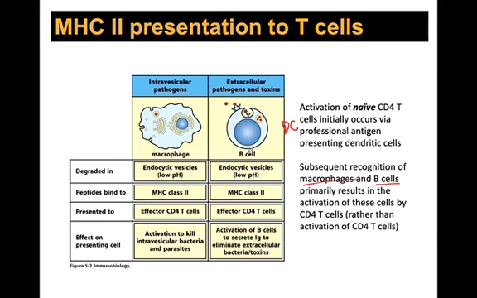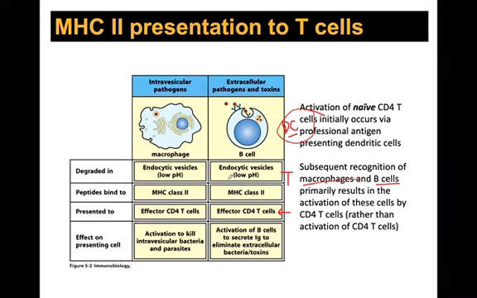Then the job is really to activate these cells. So dendritic cells activate the T cells, and then the T cells are activating macrophages and B cells. That's why here it says it's presented to effector T cells. Where did those come from? They came from up here, from the dendritic cells.